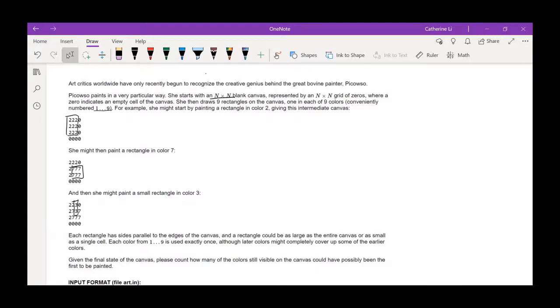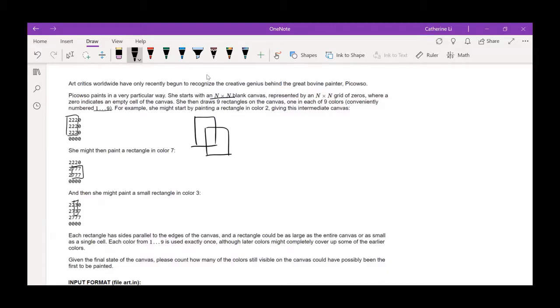So for this one, the actual solution was more intuitive for me. But if you think about two rectangles that overlap, obviously only one of them could have been painted first.